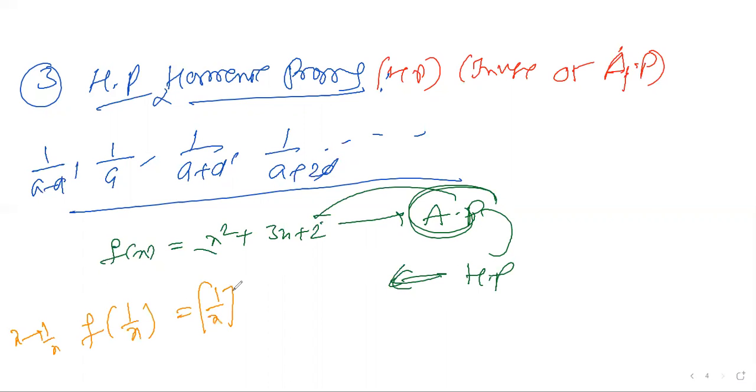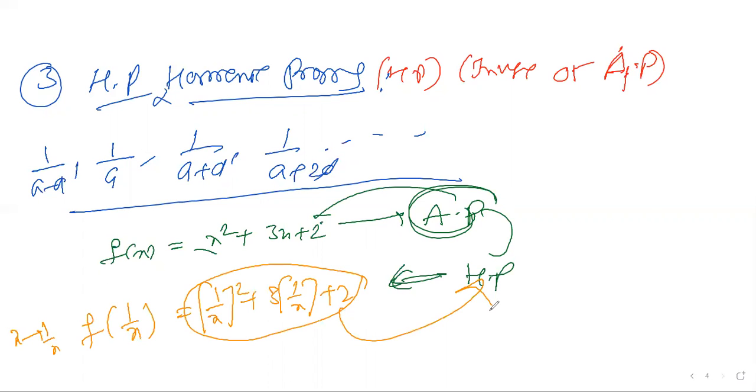So 1 by x whole square plus 3 into 1 by x plus 2. This is now in HP. Am I clear? The AP equation is converted into HP.